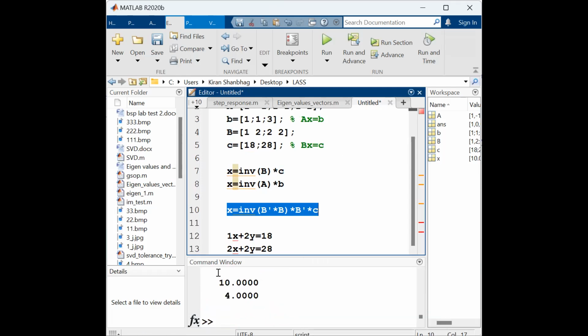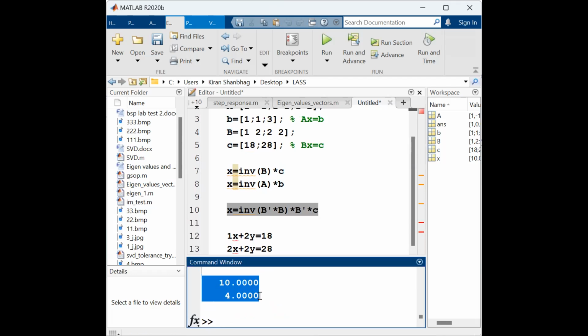So this method works. Actually, the linear least squares method works for normal systems for which the matrix inverses exist. It also works for overdetermined systems. So I think this is also one of the means of solving such equations.